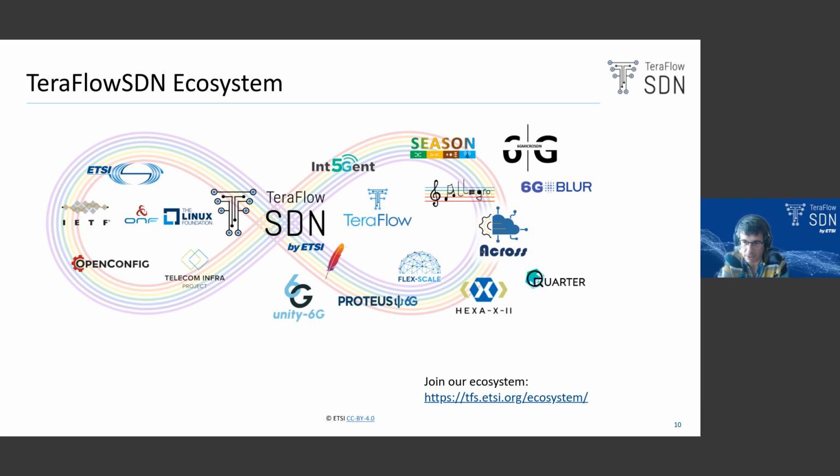So TeraFlowSDN has a lot of contributions, and some of them are acknowledged by these research projects. You can see, for example, Hexa-X being the major flagship project for 6G, and we have also, for example, ACROSS, PROTEUS, FlexScale, SEASON projects, and so on.